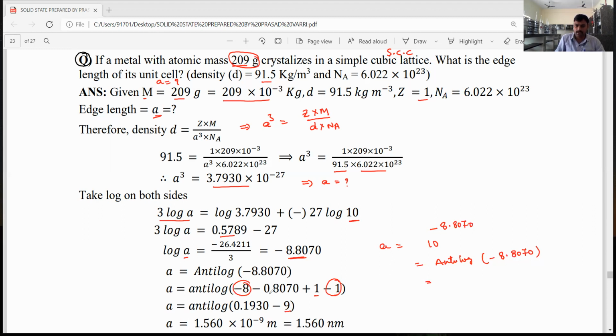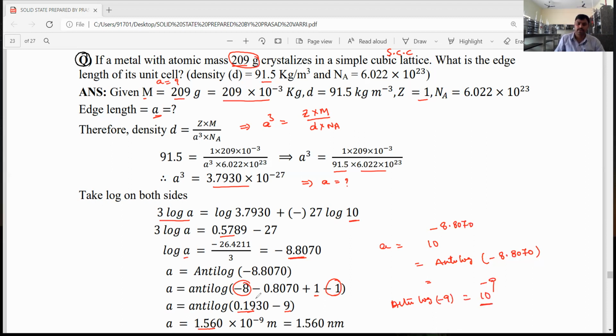This 1 minus 0.8070 is nothing but 0.193. Anti-logarithm of 0.193 is nothing but 1.560, and anti-logarithm of minus 9 is nothing but 10 to the power of minus 9.